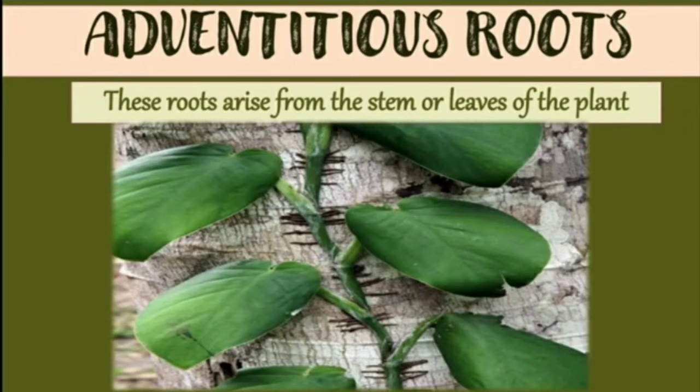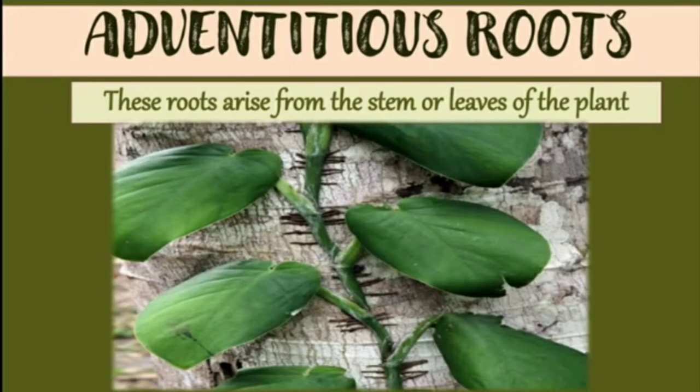The next type of root is adventitious root. Now children, these are the roots which arise from the stem or the leaf of a plant. Plants like maize, sugarcane, sorghum have two types of roots. Some roots are underground, whereas some grow from the stem just above the soil.